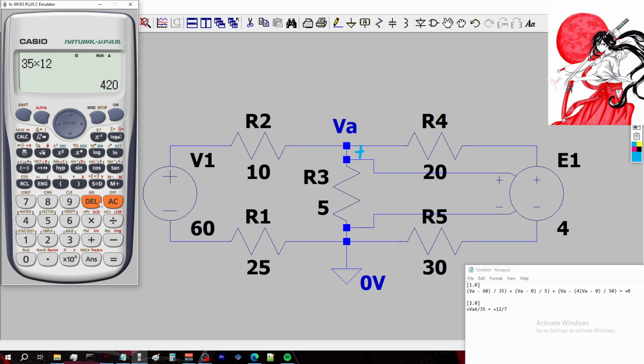So 420 over 42, what is that? 420 over 42 is 10. So VA should equal 10 according to our calculations. Let's say positive 10 volts.